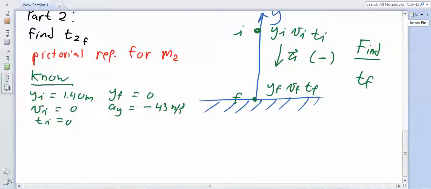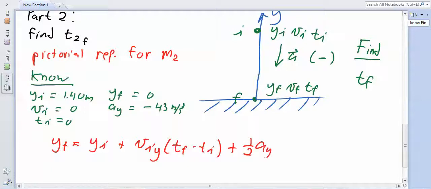So that would tell us that y final equals y original plus v original y times (t final minus t original) plus 1/2 a sub y times (t final minus t original) quantity squared. And before I do any of the algebra, let's get rid of the terms that we know are equal to 0. So the value of y final is 0, and the value of the initial velocity of the block in the y direction is 0.